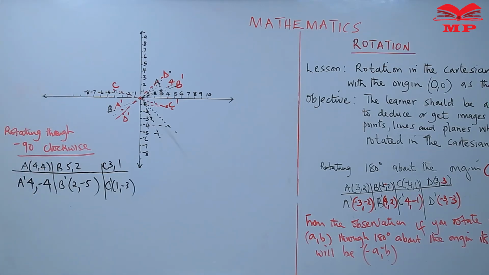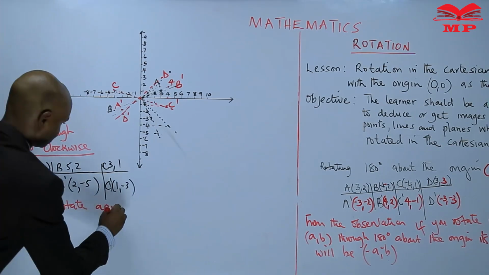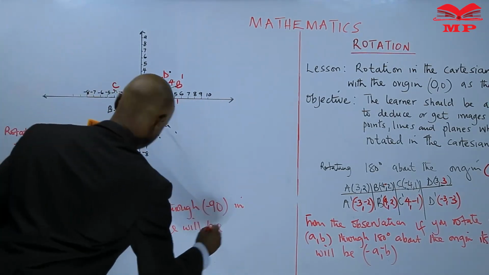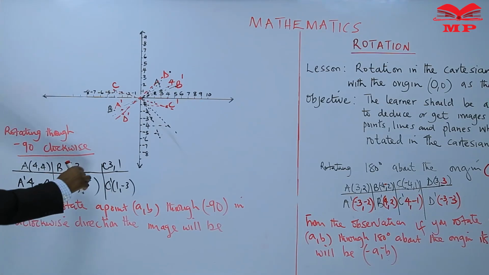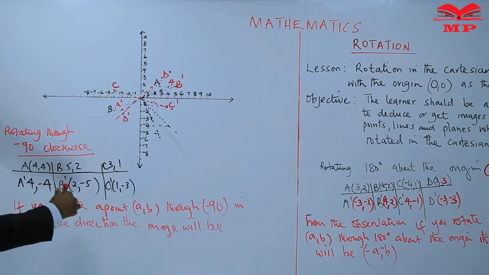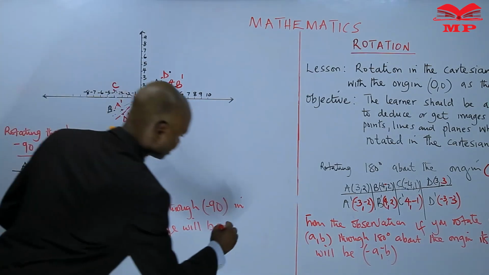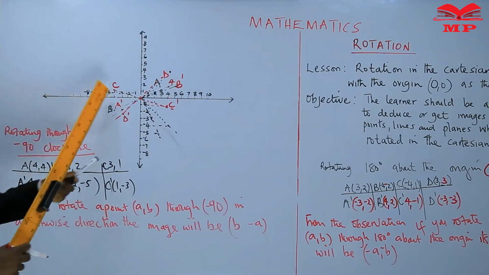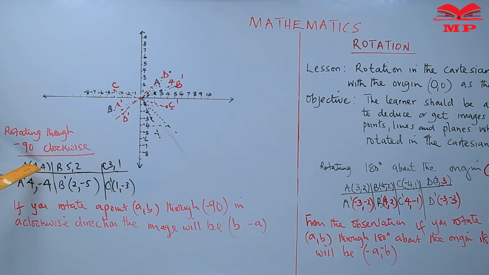So we can make a conclusion that the image will be (B, -A). B comes here and A becomes negative.